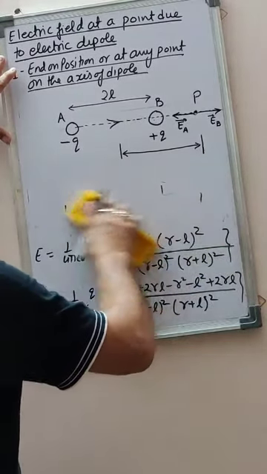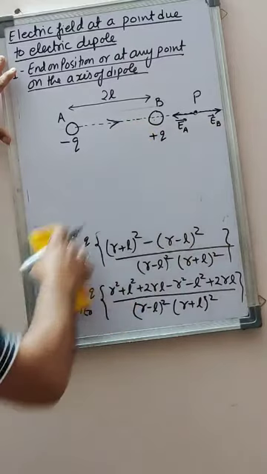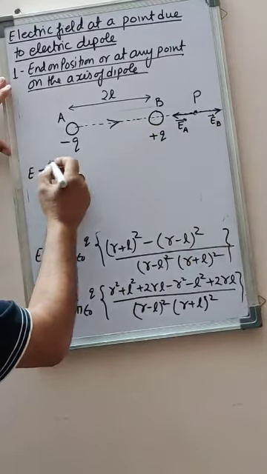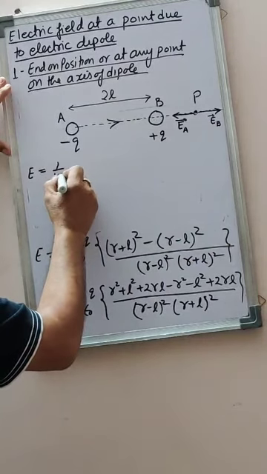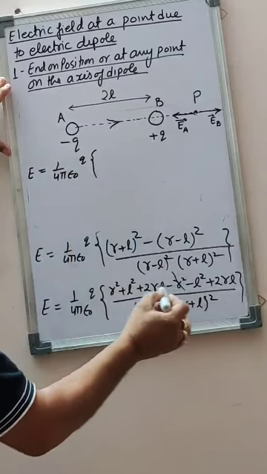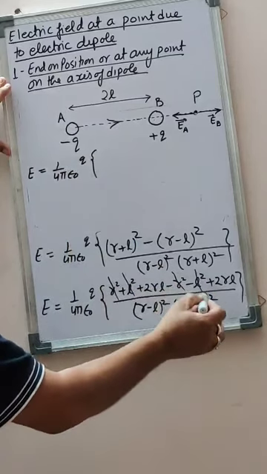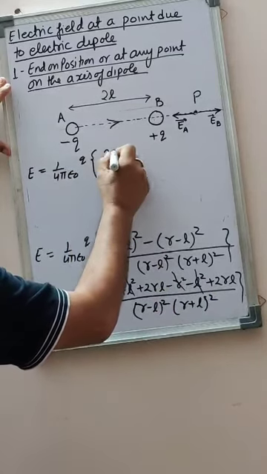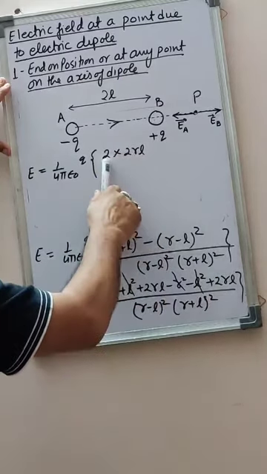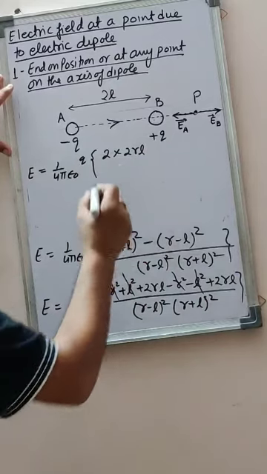On solving, E will be equal to 1 by 4 pi epsilon naught Q. This R square and this R square, this L square and this L square cancel out. 2RL plus 2RL is 4RL, that is 2 into 2RL.